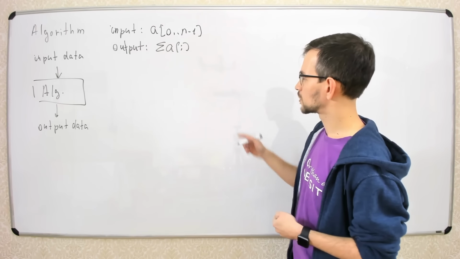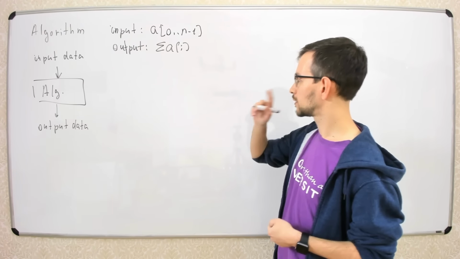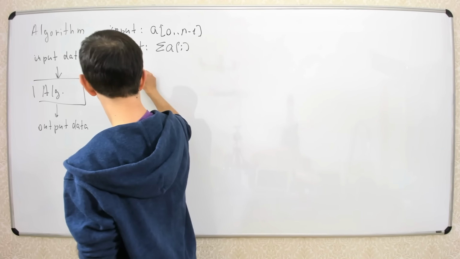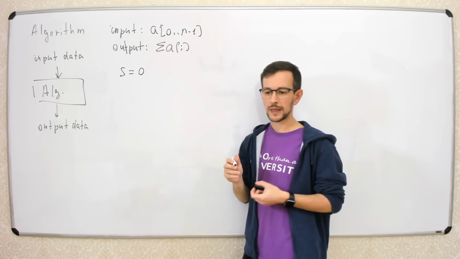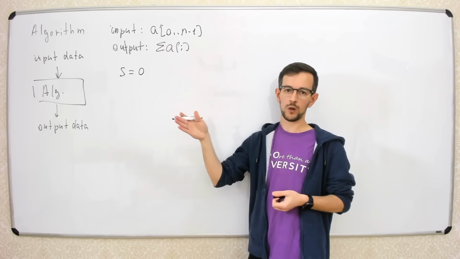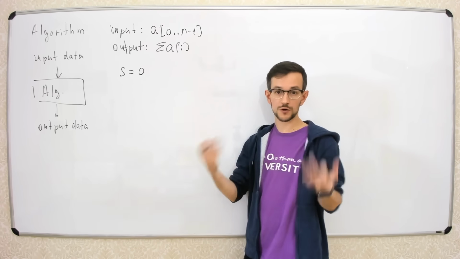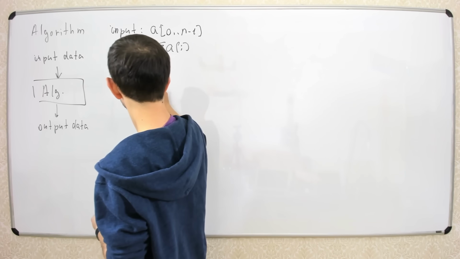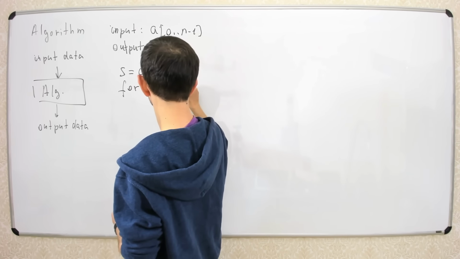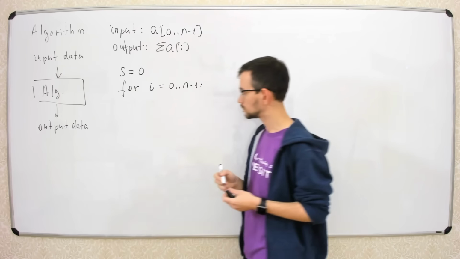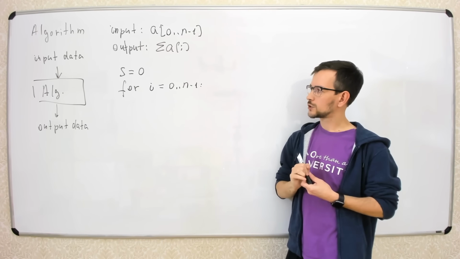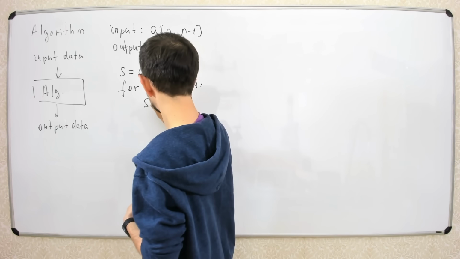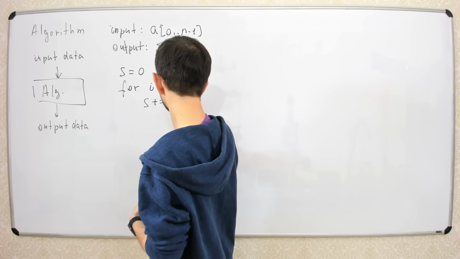Let's say, for example, here we can write something like: we need some variable s to calculate the sum. Then we need to iterate over all elements of the array. Let's use a for cycle, like in most languages, for i from 0 to n minus 1. And just add this number to s, so s plus equal a_i.